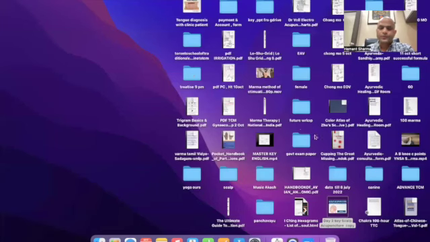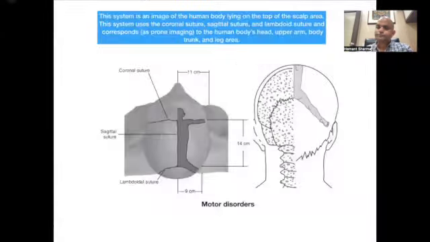This image has been taken from Fang scalp acupuncture, Dr. Fang. So let's see here. We are looking at the scalp from the top.